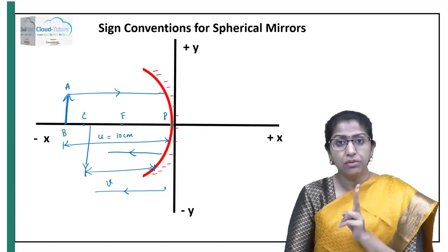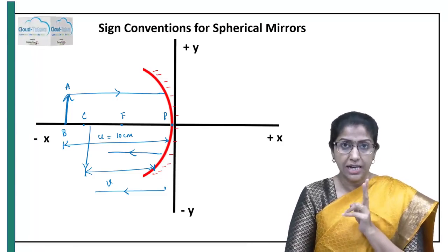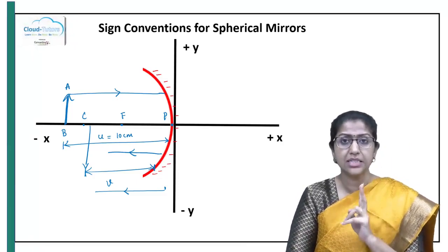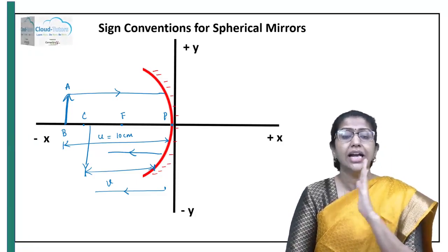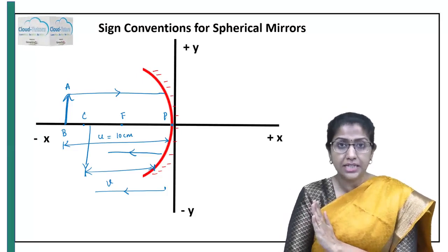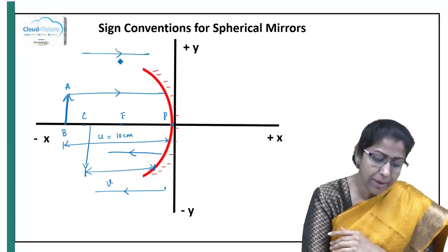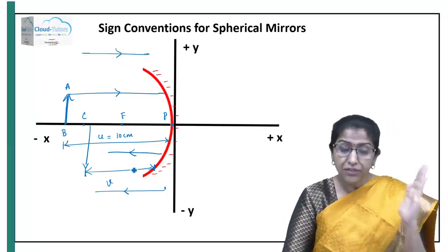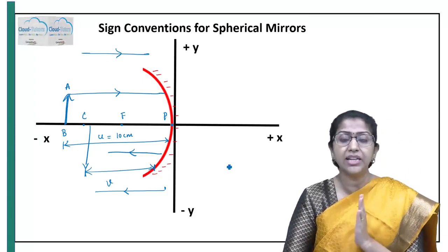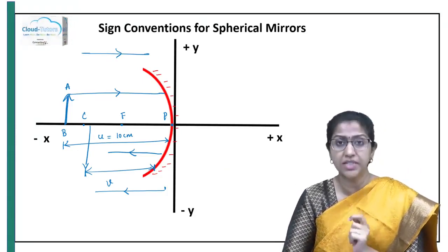The second rule of sign convention is that all the distances measured in the direction of the incident ray, that is left to right, have to be taken as positive.